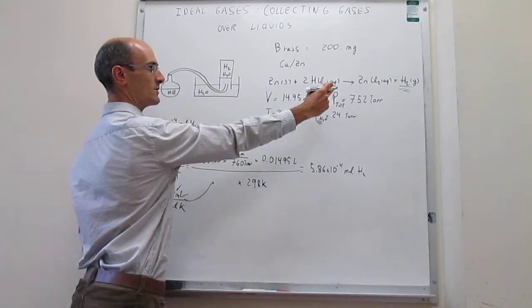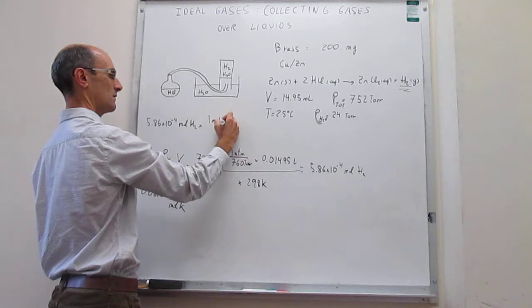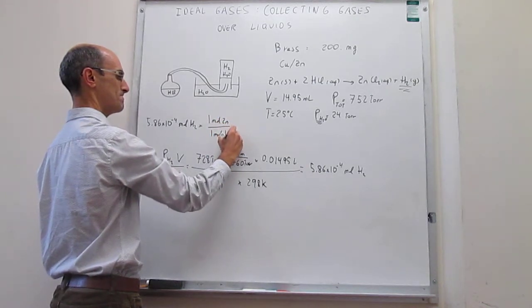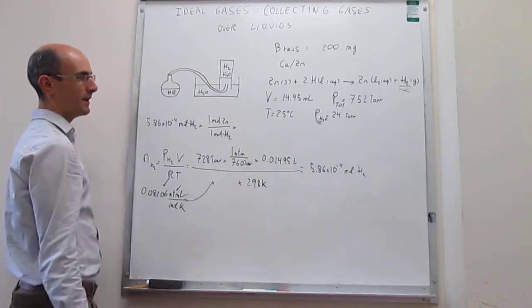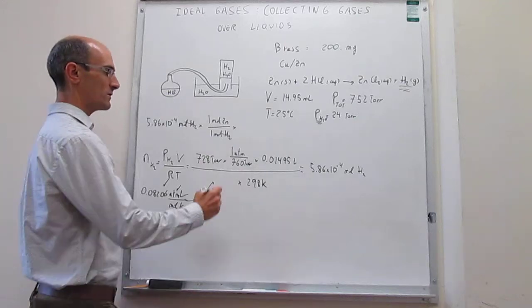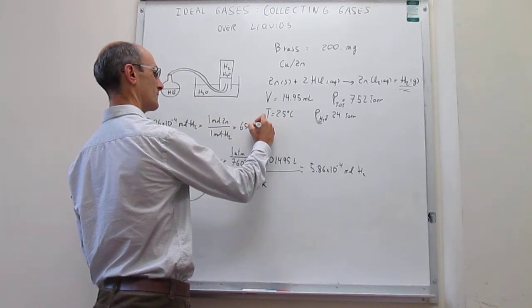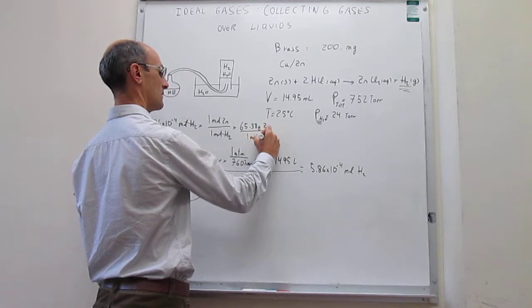We cross the stoichiometric bridge, and we have 1 mole of zinc for every mole of hydrogen. That will give me moles of zinc. Now I multiply by the molar mass of zinc, which is 65.38 grams of zinc for every 1 mole of zinc.